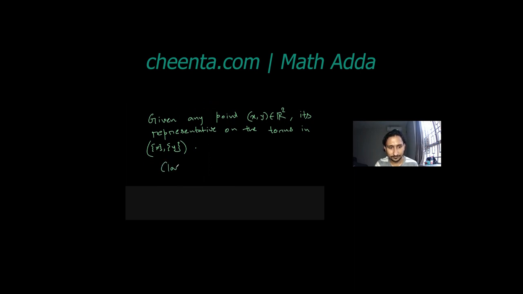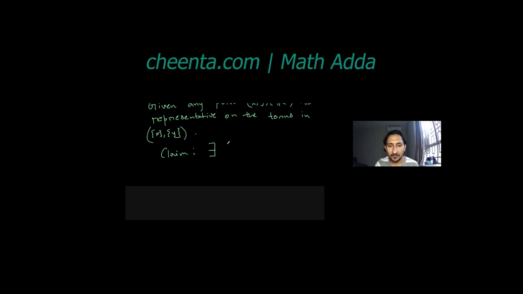Claim: there exists some x, and we have some epsilon greater than 0, which can be as small as you want. It's a positive, very small number.